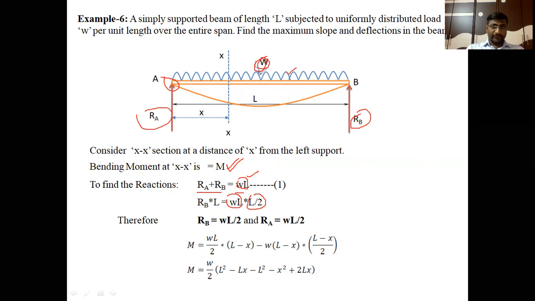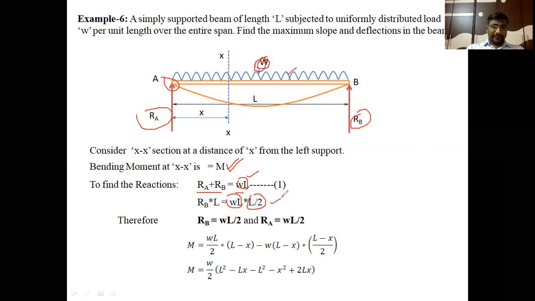The load is concentrated at its center of gravity, which is at the center of the rectangle. That is L by 2 distance from the left support. Therefore, wL into L by 2 is the moment of that UDL about support A.